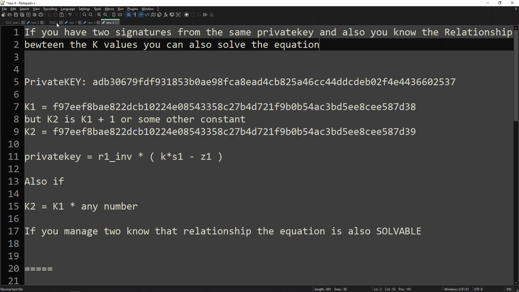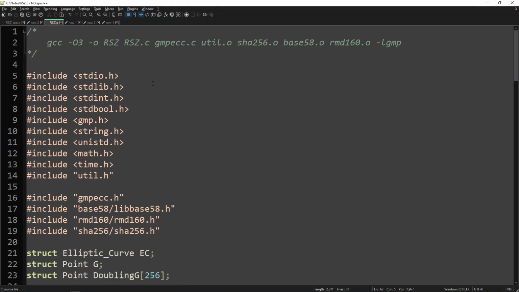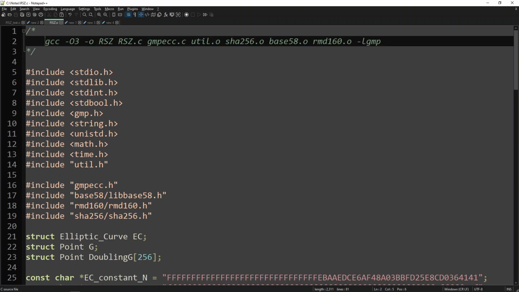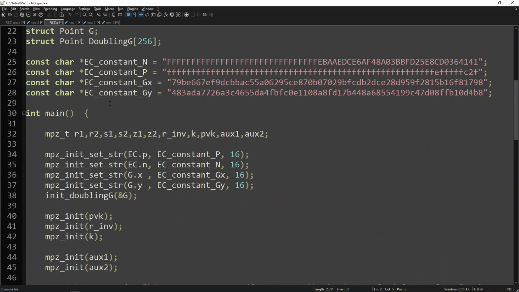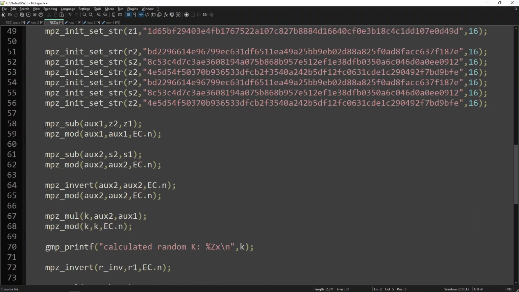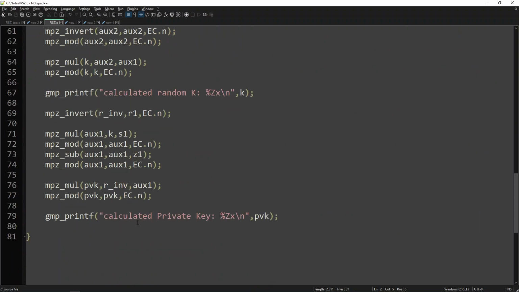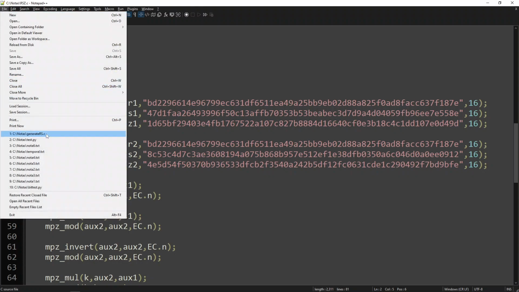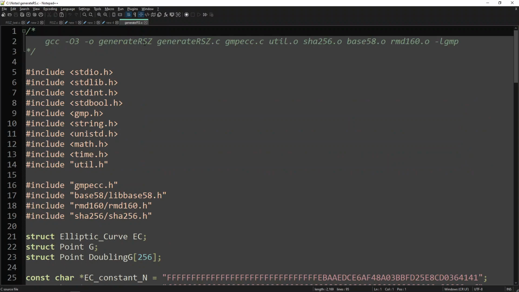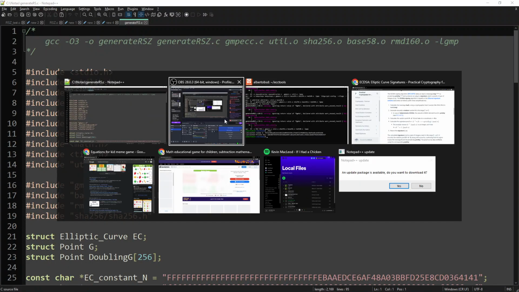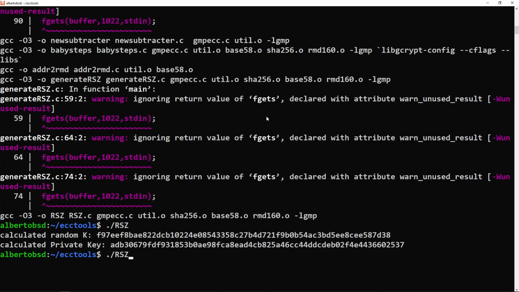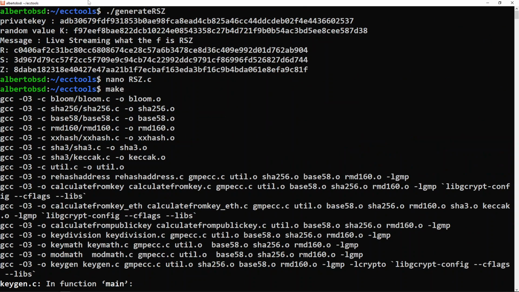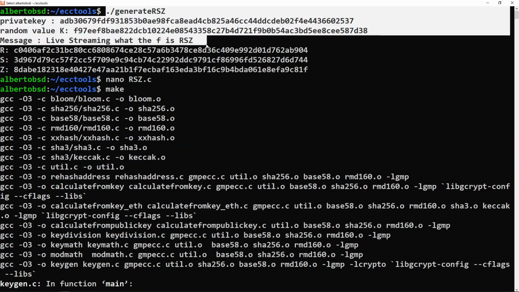Let me show you the code that I use. I think I will upload this code to some GitHub repository, hoping that you like it. Use it with your own examples. This is the code to generate our values from a message. This value generate RSZ is this code.